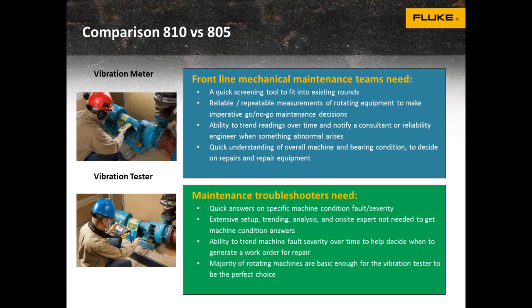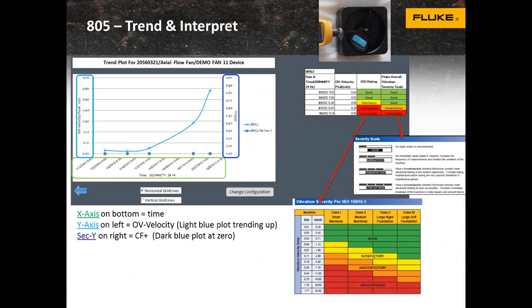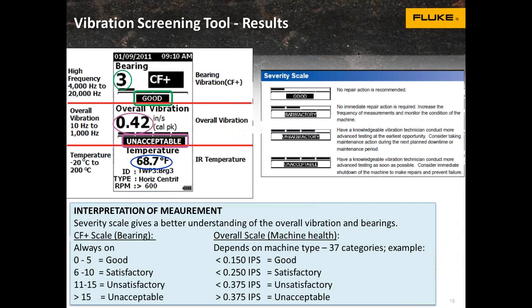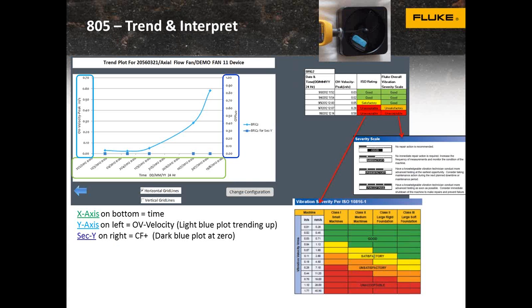The first question is, how does the ISO value compare to mils peak to peak? Okay, so the ISO level is usually in velocity, but you can use this in mils, in displacement, and there is a conversion.